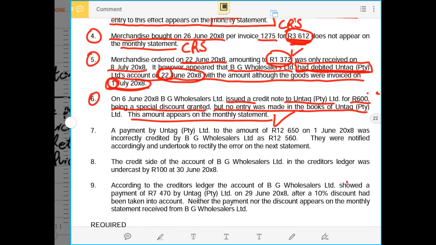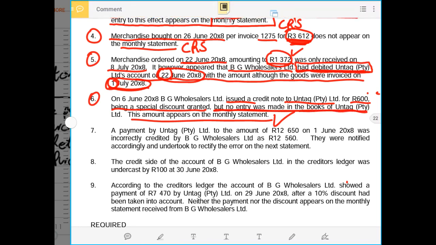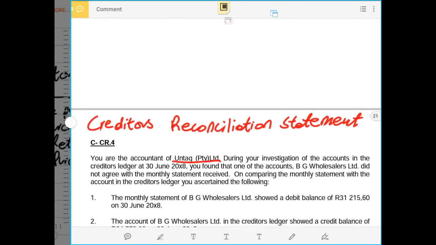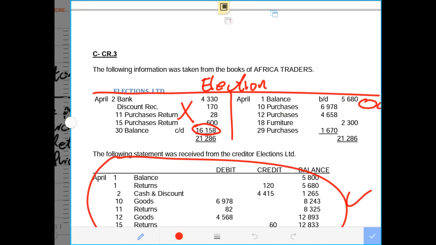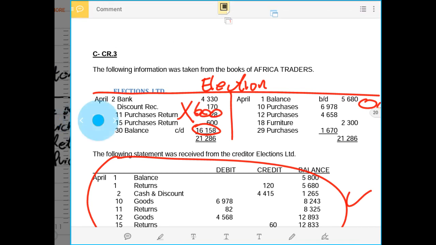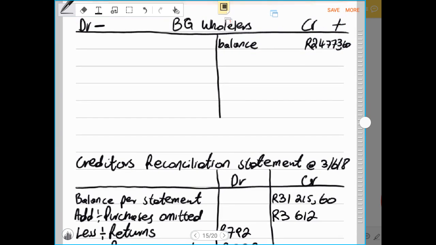So they told us that the discount does not appear. No entry has been made in the books of Antec Ltd. Now, a discount that we receive will be reducing our liabilities. And we know that liabilities decrease on the debit side. So now we have to record the 600 on the debit side of the creditors ledger account, which is BG Wholesalers Creditors Ledger.